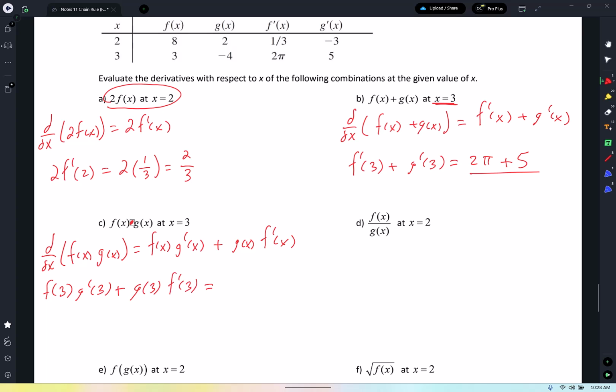So f of 3 is, now I'm just looking at the table, f of 3 is 3, and let me know because I make mistakes all the time. G prime of 3 is 5. G of 3 is negative 4. And f prime of 3 is 2 pi. So let's see what that final answer is. 15 minus 8 pi. And then let me know if I'm wrong.